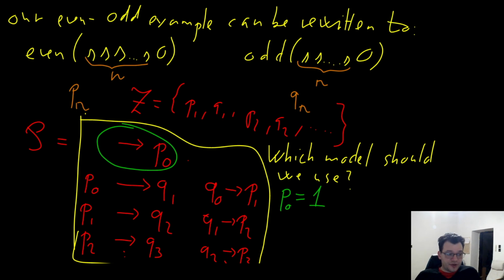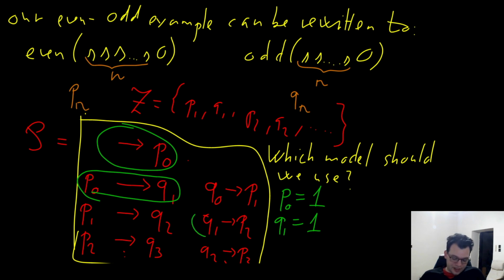And because of this, P0 implies Q1. Okay, and the left-hand side of this clause is true, which means that Q1 should be 1 as well. Okay, and because of this, and we have this clause there, we already know that Q1 should be true, then P2 is also true.